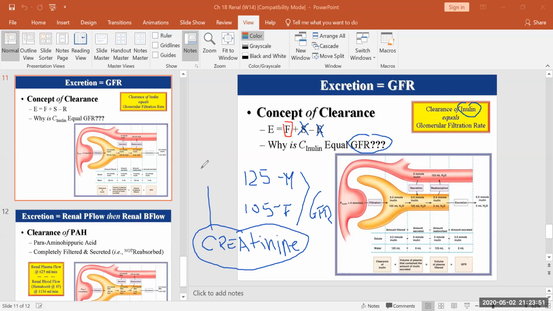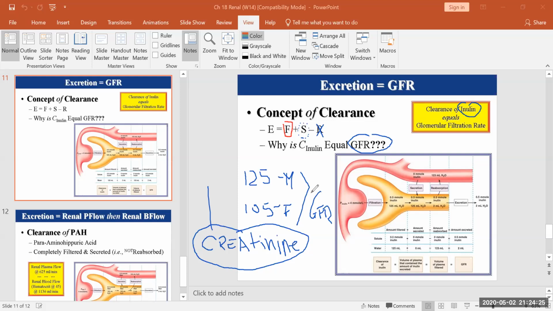As your cells break down protein, they generate a waste, and this waste is called creatinine. The kidney does filter most of the creatinine. It also slightly secretes creatinine. It's not being reabsorbed.